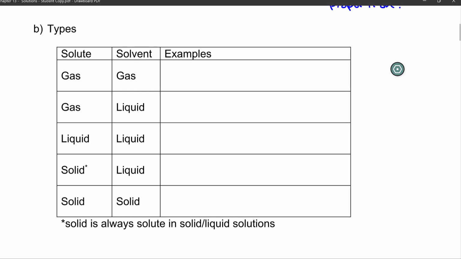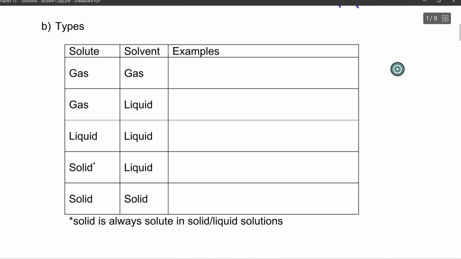So there's a lot of different kinds of solutions, and basically you can have a solution made up of any two states of matter, where one is the solute and one is the solvent. So, for example, a gas in gas, the most common example of this kind of solution is air.